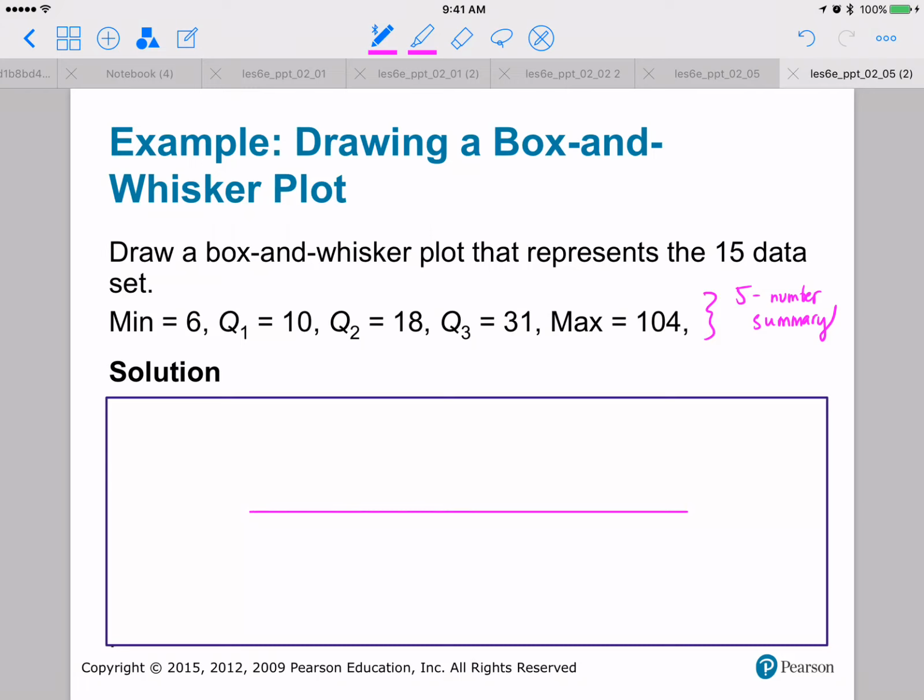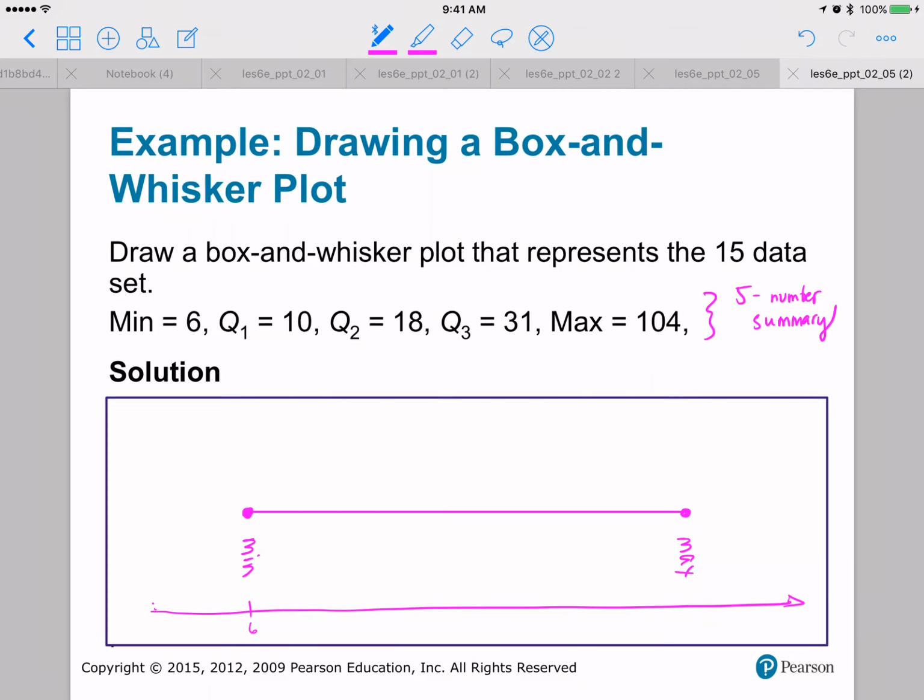Now, this point right here is my min. So let me write that. This is my min. This point here is my max. This is my max. So if I had to put numbers, so this is a 6. So kind of I'm going to draw a number line below it. Okay. So imagine this is 6.